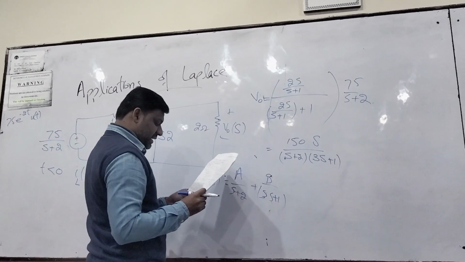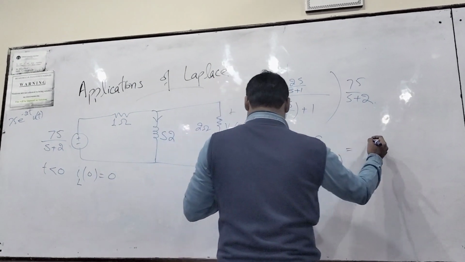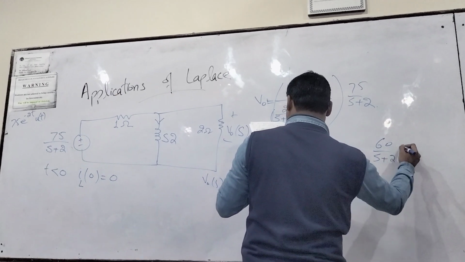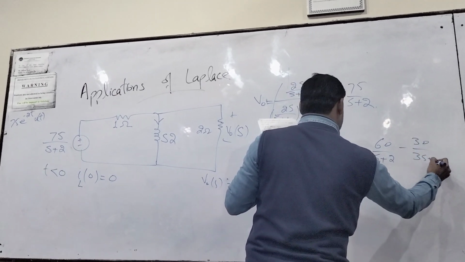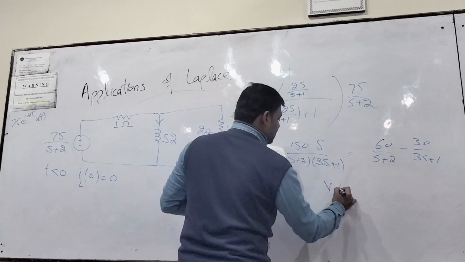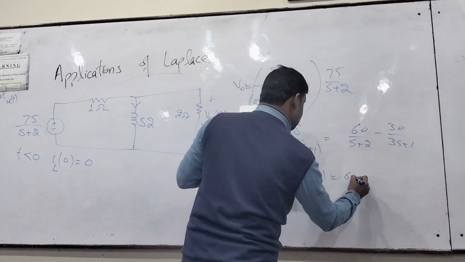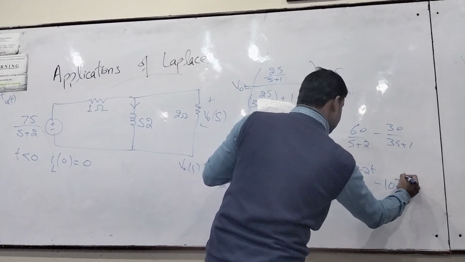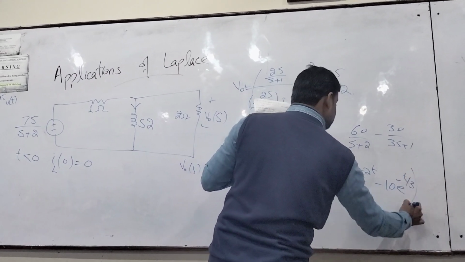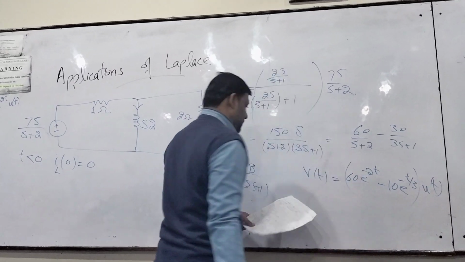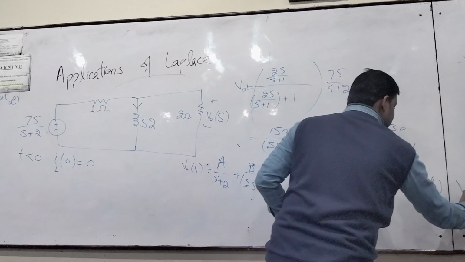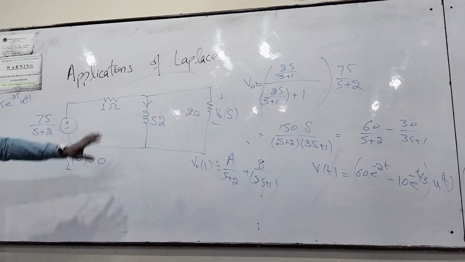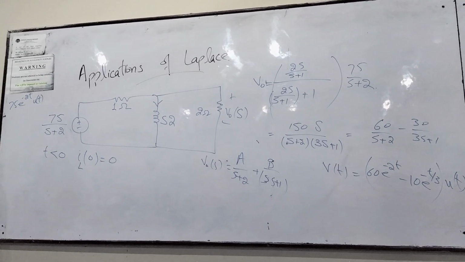I have 60 over s plus 2 minus 30 over 3s plus 1, and in the time domain it is in volts. Remaining mathematical steps are totally up to you.